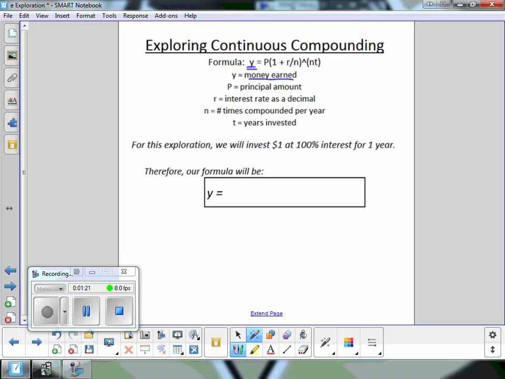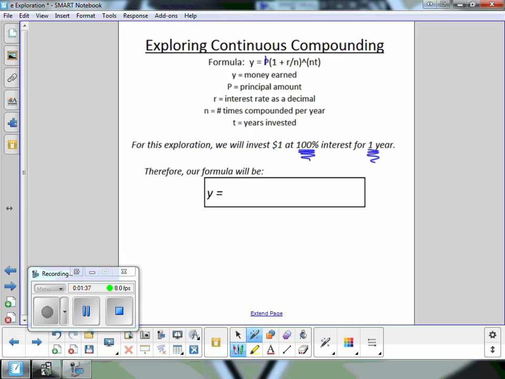For this exploration, to find the number e, we're going to keep it simple, and we're going to invest $1, so that's going to be our p, at 100%, that'll be our r, for 1 year. That will be time.